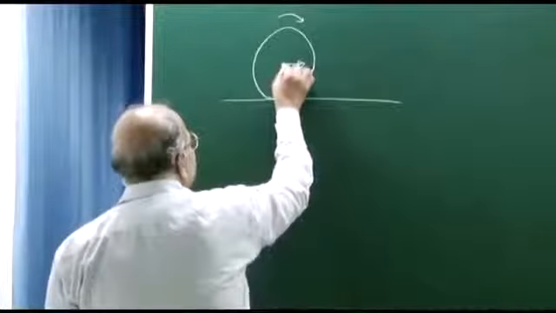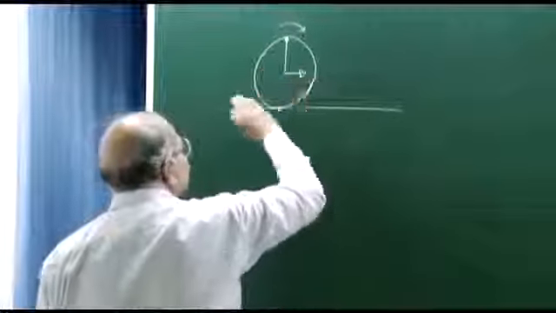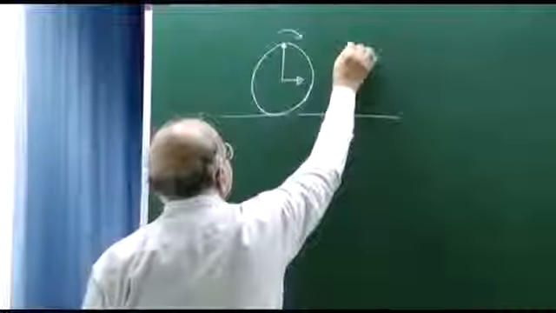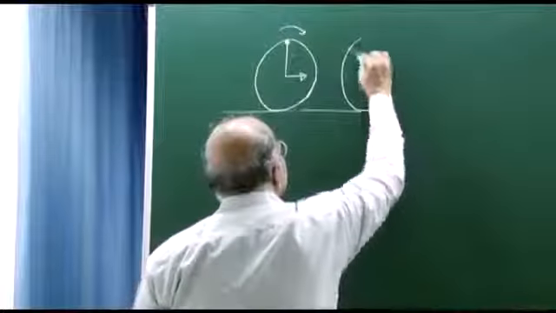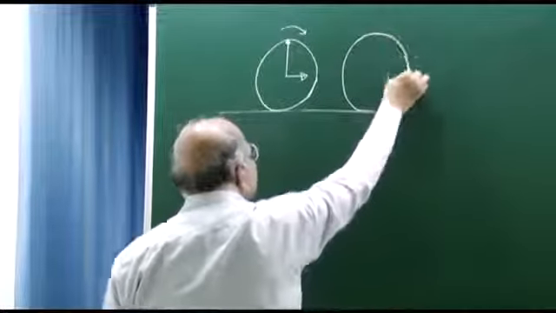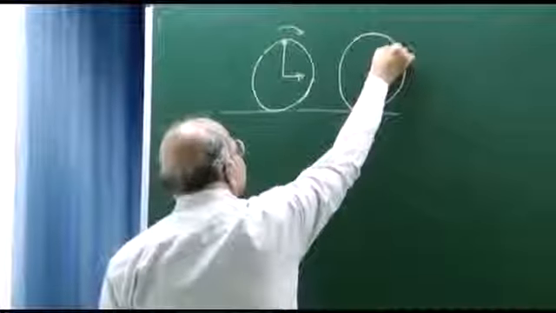So, if you consider a spoke of this wheel here, this particular spoke, after some time you will find that the wheel is here, and this spoke has gone to some other place.